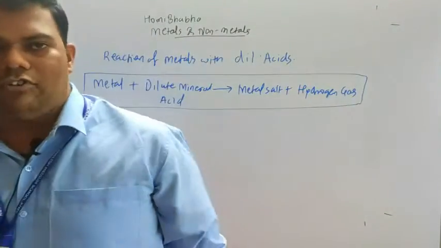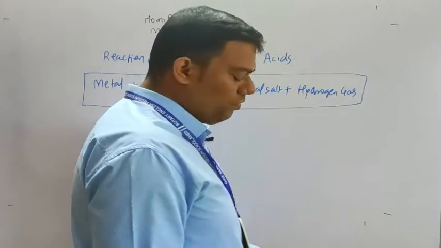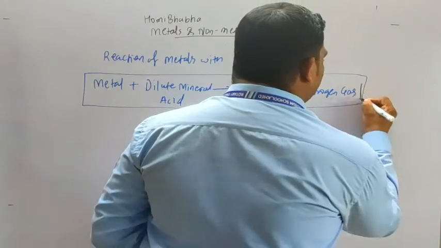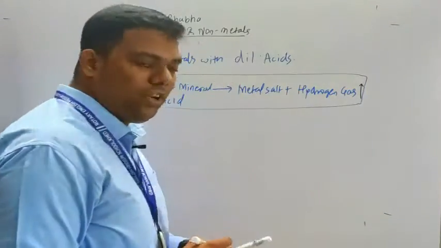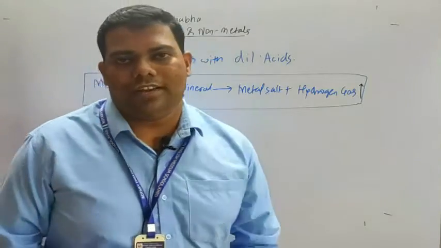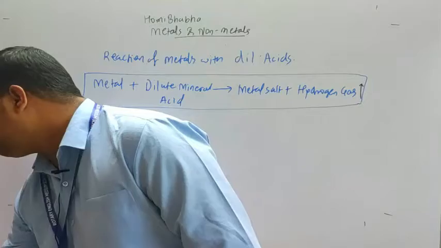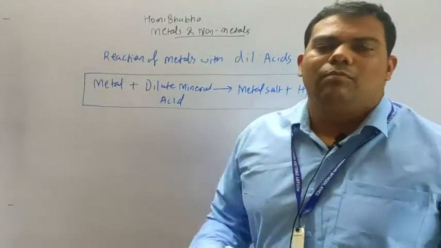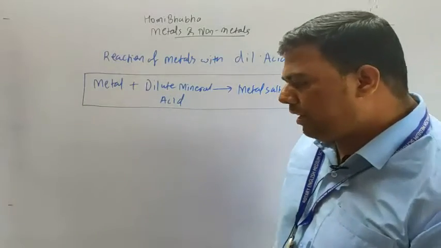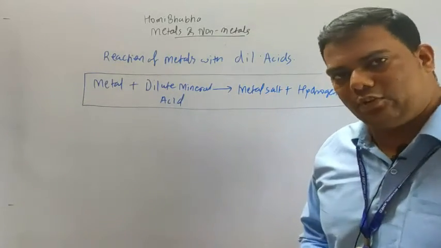And hydrogen gas, how can we show it? We can show it with an up arrow like this. Now we will see examples of that. As you know, in our reactivity series, more reactive metals readily lose electrons and displace hydrogen as compared to less reactive metals.